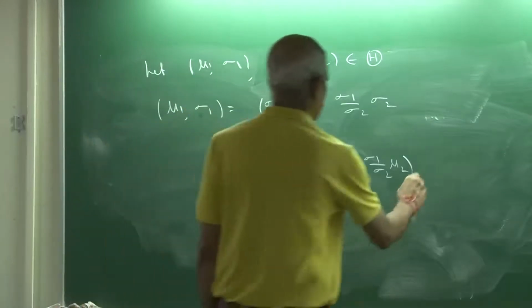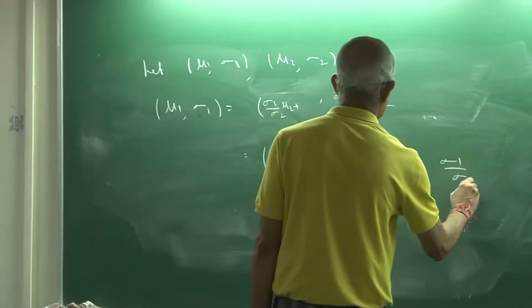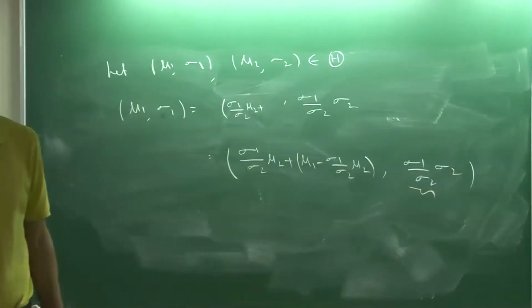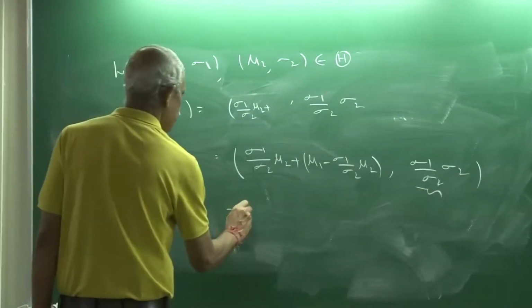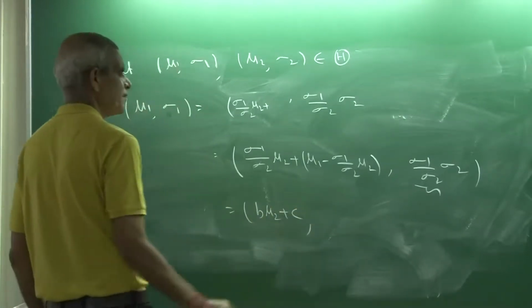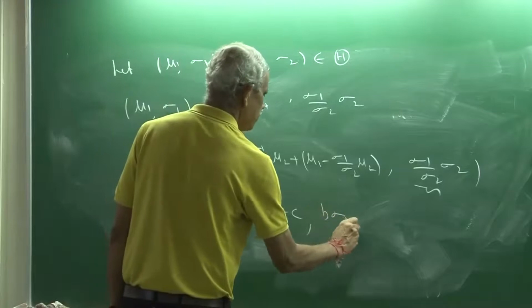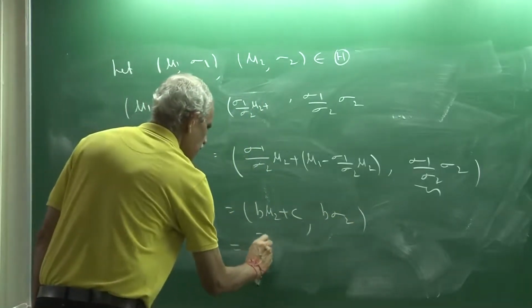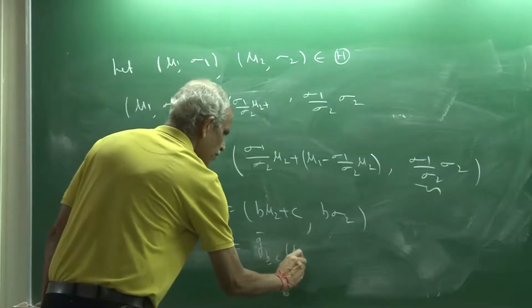And then sigma 1 is sigma 1 by sigma 2 times sigma 2. I took the same b over here. So this is nothing but b mu 2 plus c and b sigma 2, which is nothing but G bar bc of mu 2 and sigma 2.